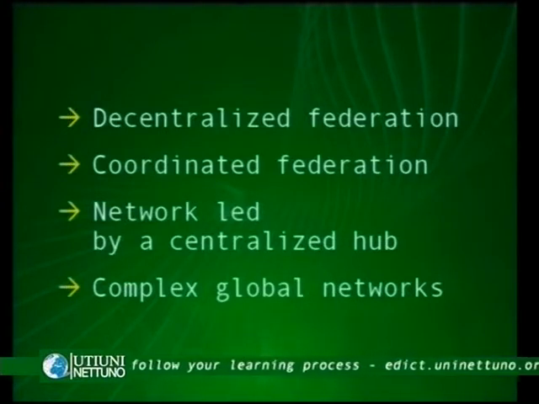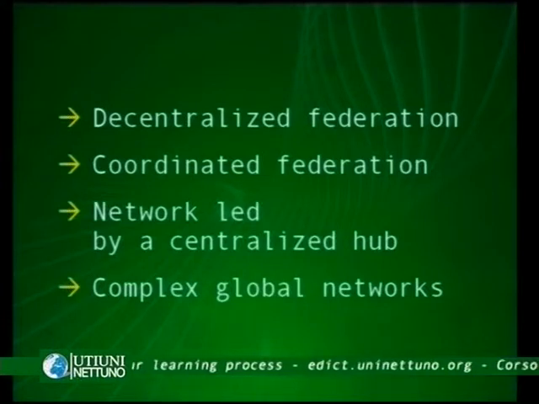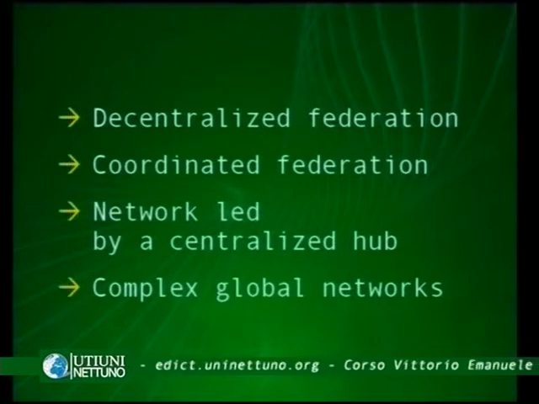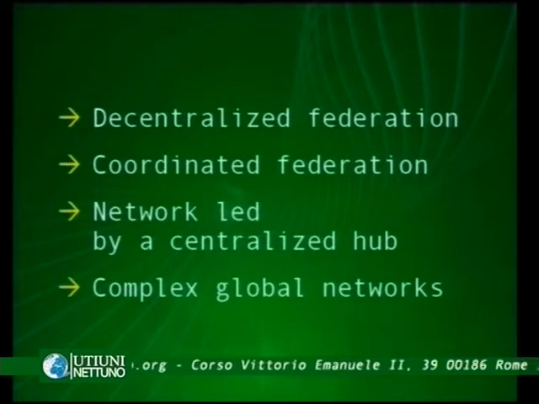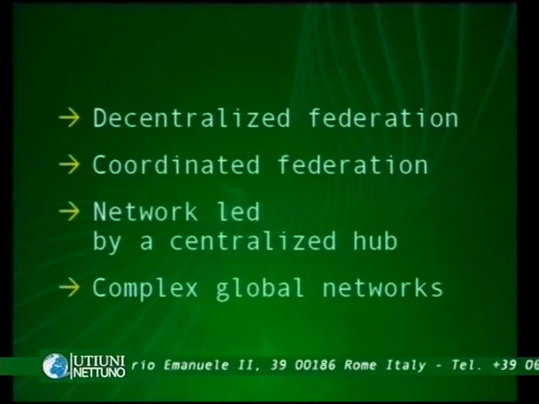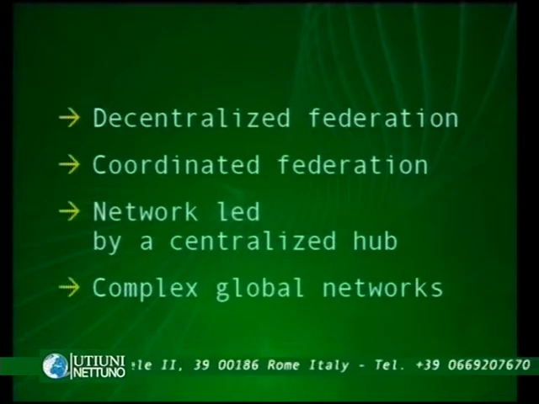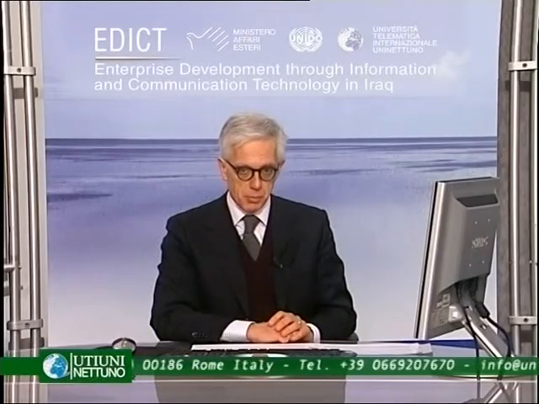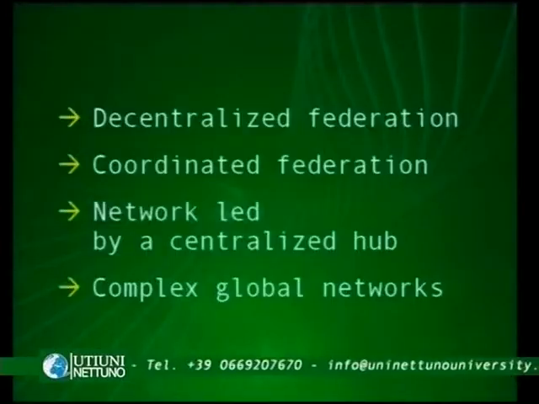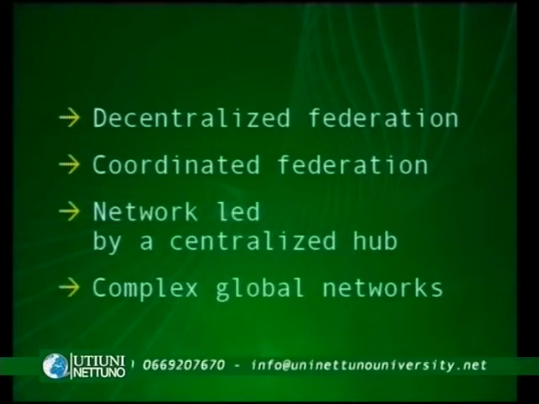First of all, the decentralized federation was quite widespread in the first decades of the last century, and was basically the kind of model adopted by European companies. The second model is the so-called coordinated federation.